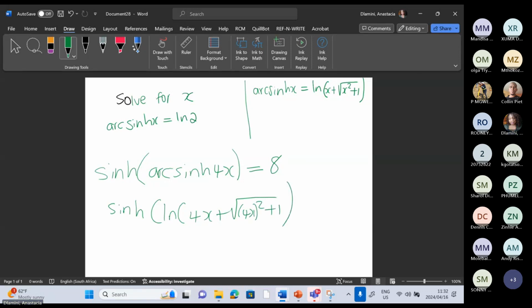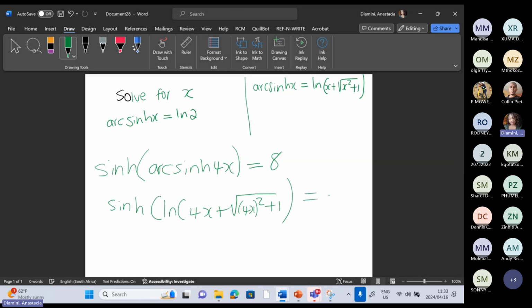Yes. Then you said it's equal to 8, right? Yes, it's equal to 8. What else? Let me see what I can solve. The sine, which means in the brackets, we call that, let's say, f of x.